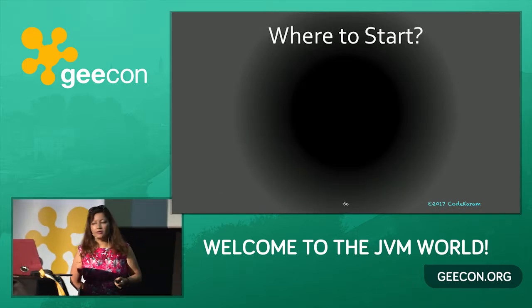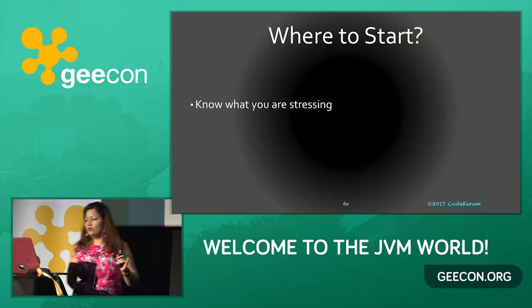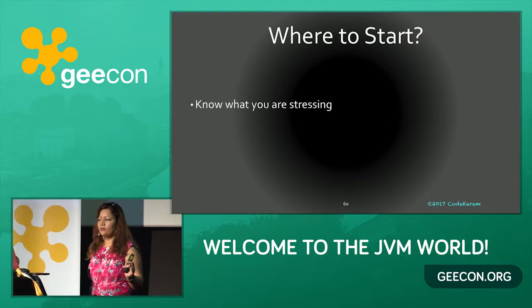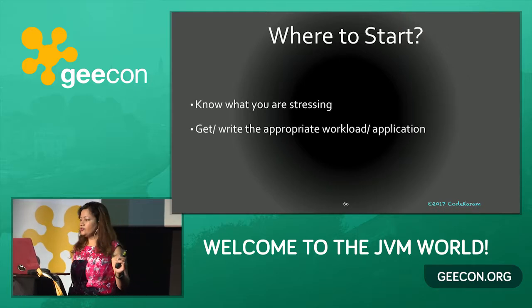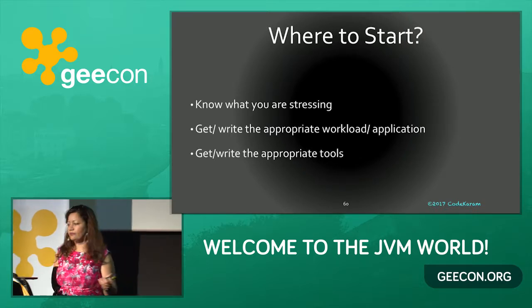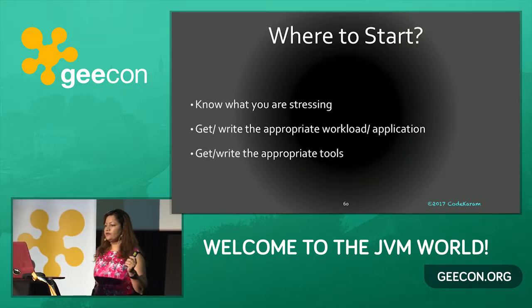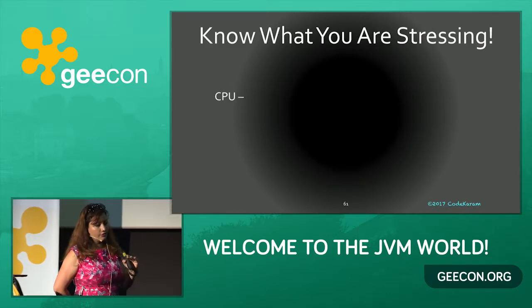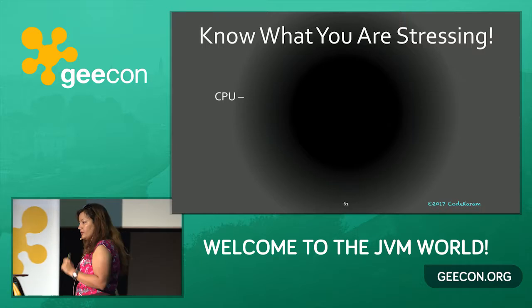So where do we start? Know what you're stressing, okay? Get the appropriate workload and application. Get the appropriate tools, and we'll walk through an example. These are just simple examples, but I'll actually go through a problem statement.